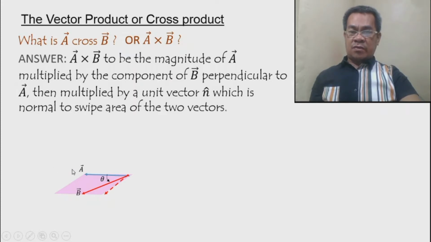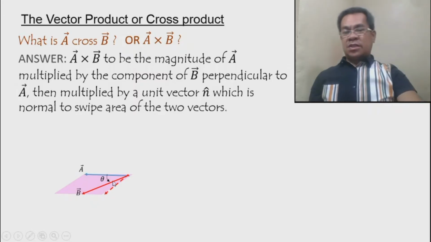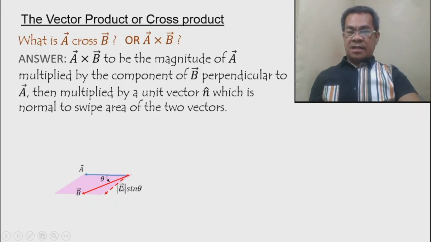In this case, we establish an axis here, so B has a parallel component and a perpendicular component. The perpendicular component is B sine theta, the magnitude of B multiplied by sine theta, because the angle is adjacent to the parallel component, so the perpendicular component must be sine. We multiply this by the magnitude of A. Then this will rotate, and the rotation is the normal.